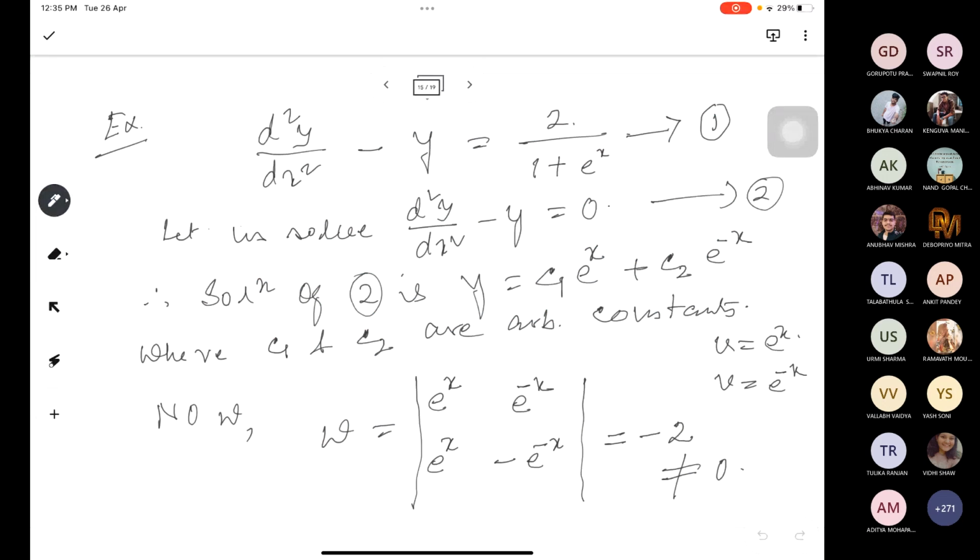That means the two solutions U and V, given by e to the power of x and e to the power minus x, are linearly independent. So we can write the general solution of equation 2 as a linear combination of these two linearly independent solutions.